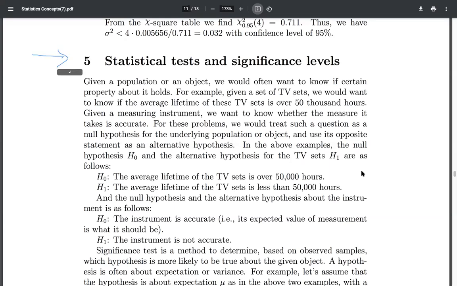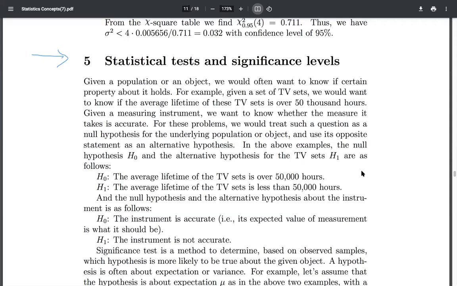So let me summarize what we did. Up to now, we talked about the concept of populations and the concept of random variables. A random variable is a function that maps an object in a population to a numerical value that we are interested in, such as height, weight, lifetime, that kind of thing.